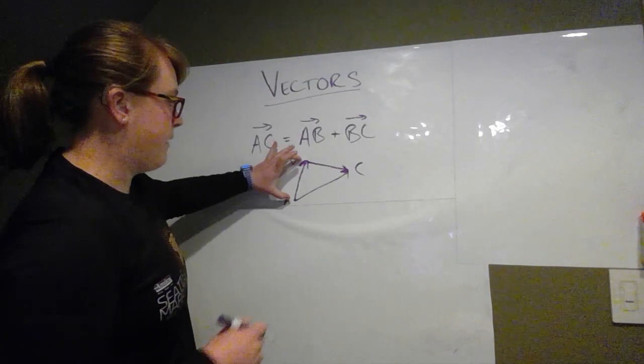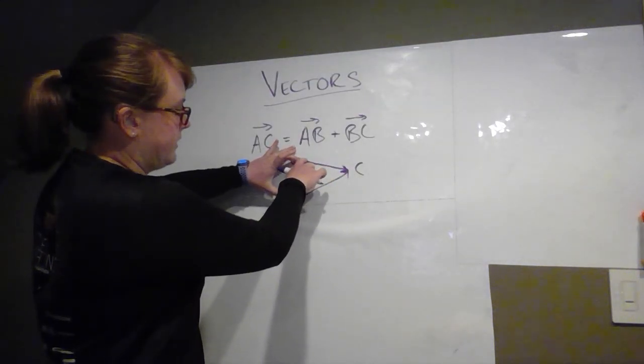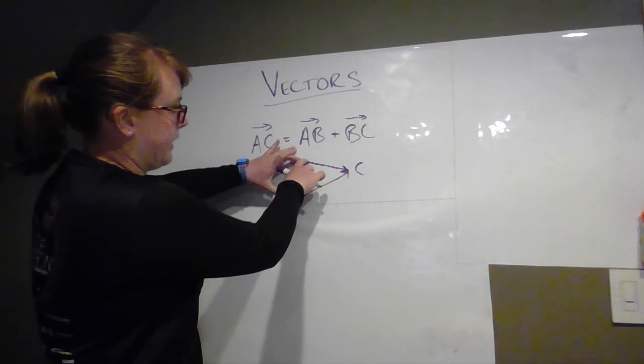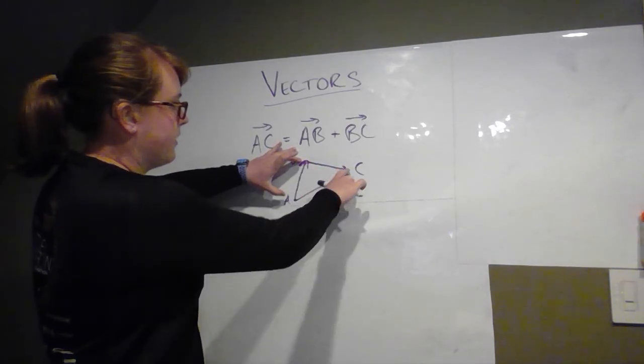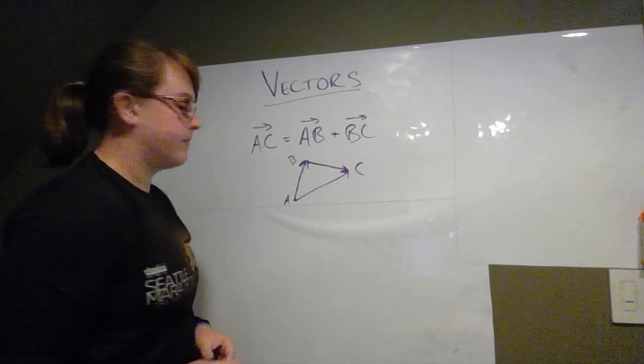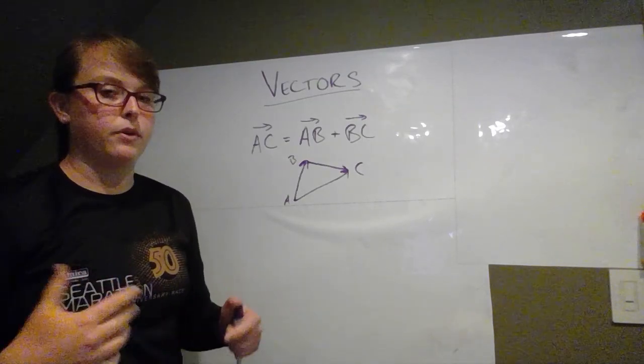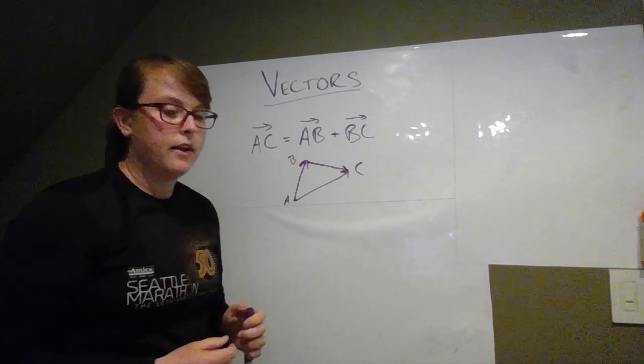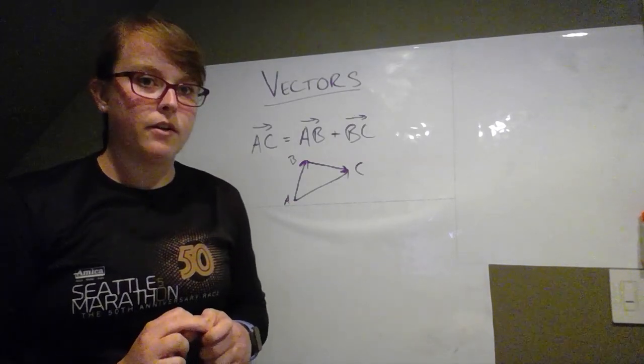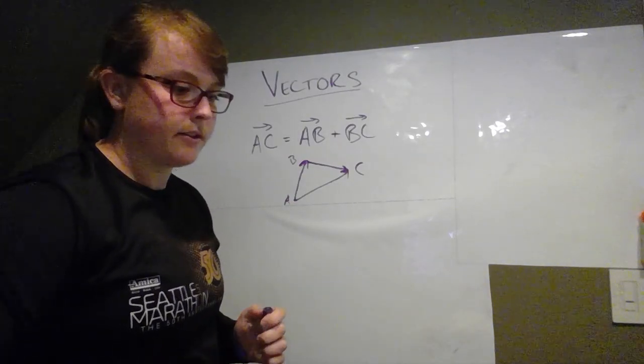I take the second one and put its tail next to the tip of the first, and that gives me my new vector. And we'll see what this looks like when applied to a coordinate plane later on. But for now, we'll keep going with this.